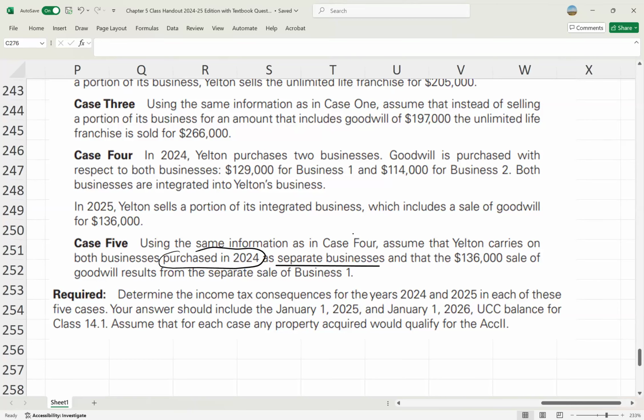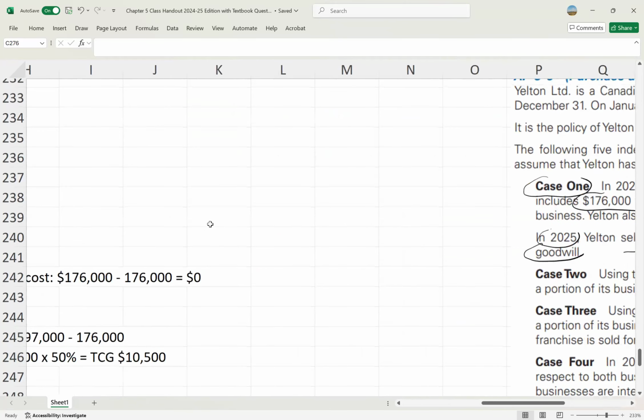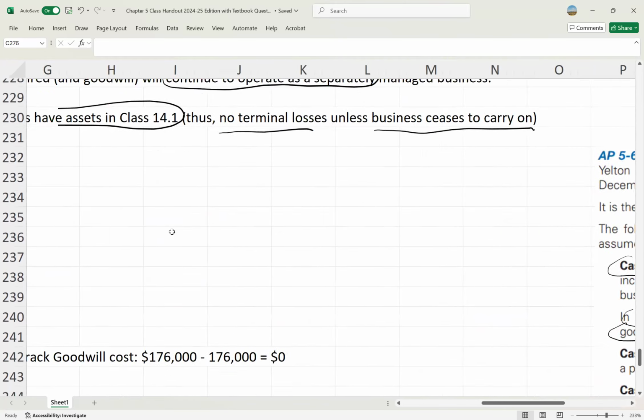But we're going to buy 2 businesses. We're going to pay goodwill, one for 129, one for 114. But we're going to operate them outside of their current business. So we've got to put those amounts in separate class 14.1s. So scenario 5 here. Here we are, case 5.